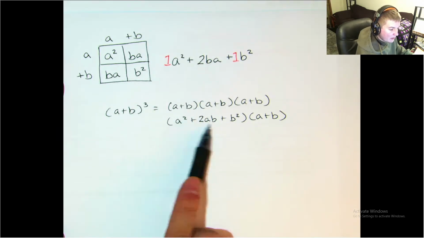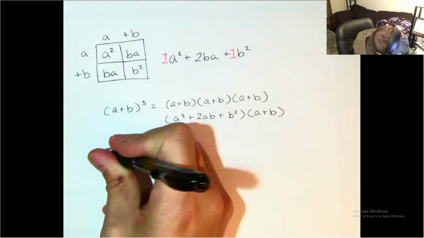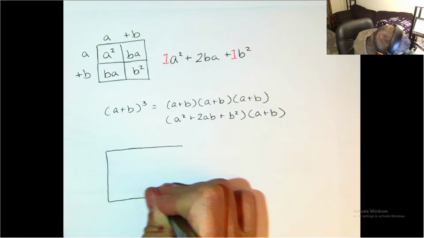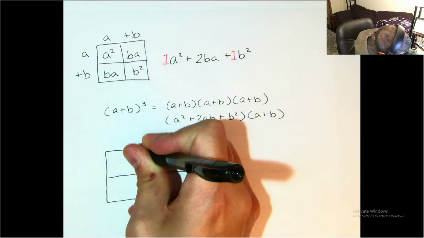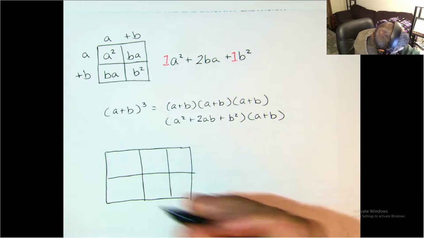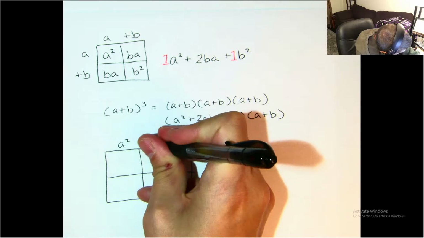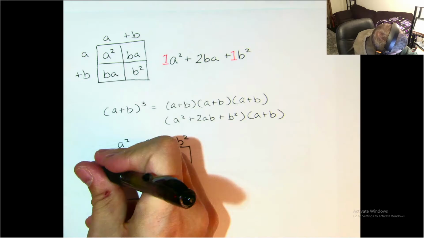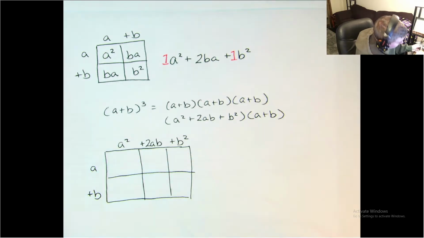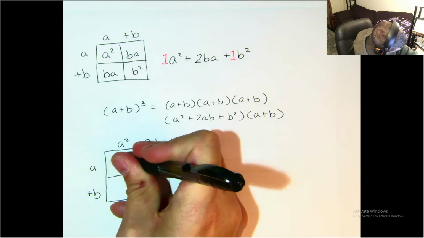Okay, so now I have to take a trinomial and multiply it by a binomial. So I get a squared plus 2ab plus b squared, and we're going to multiply by a plus b. Well, a times a is a cubed.